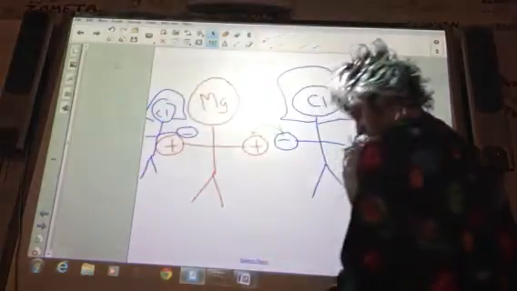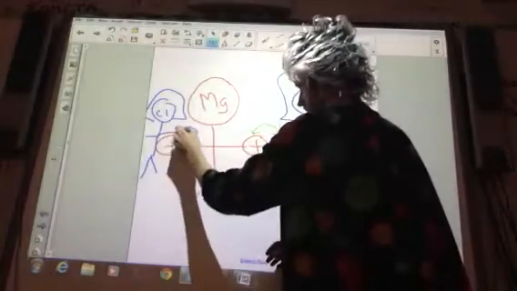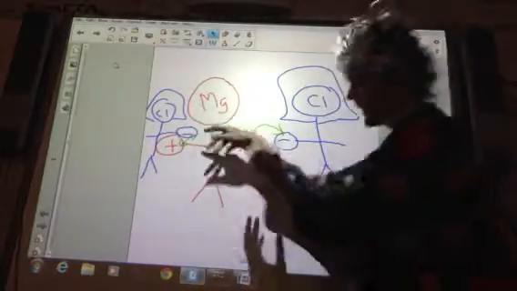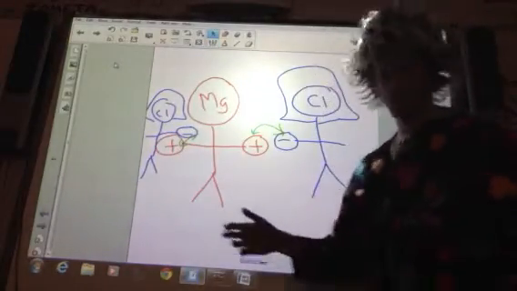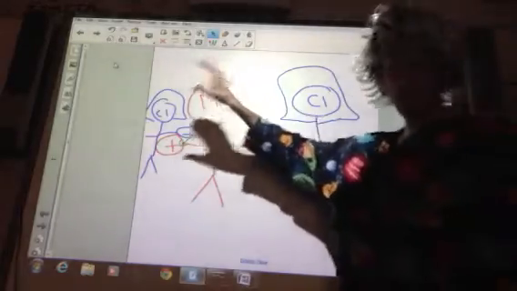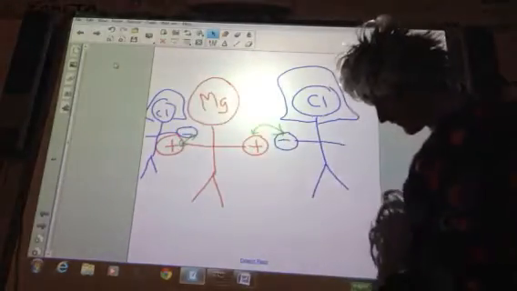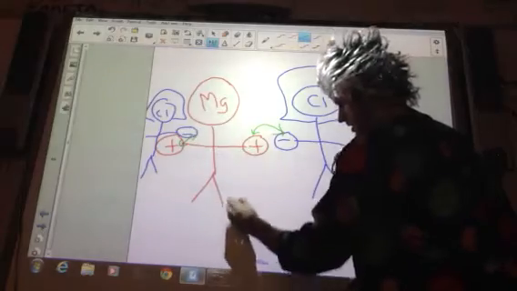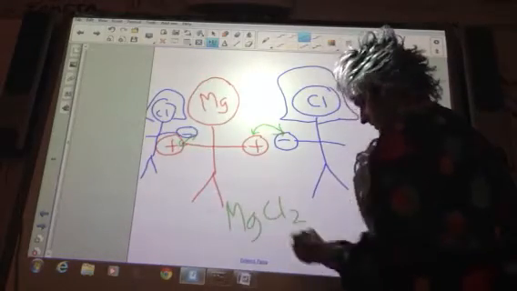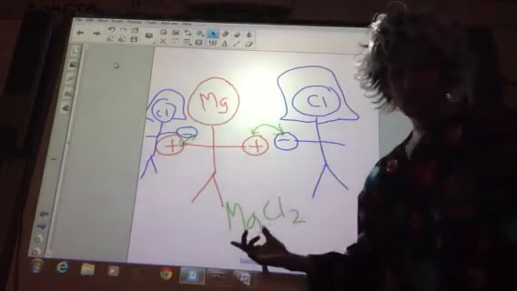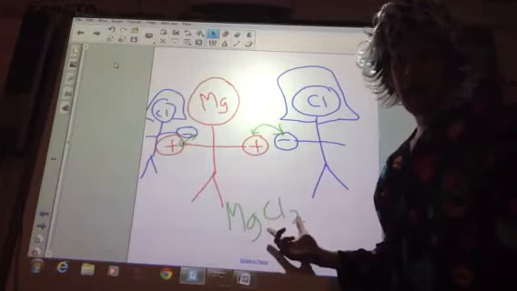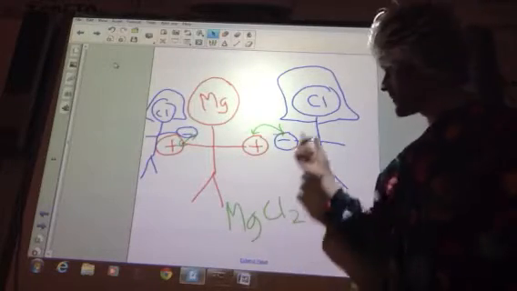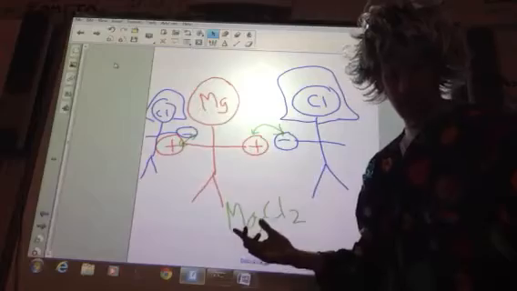Now there's plus and minus here. They balance each other out. Perfect. So now this guy is MgCl2. That is the formula. MgCl2, once again, magnesium chloride. Chloride, remember, negative charged chloride.